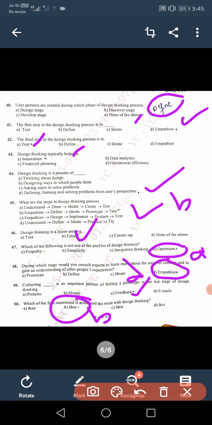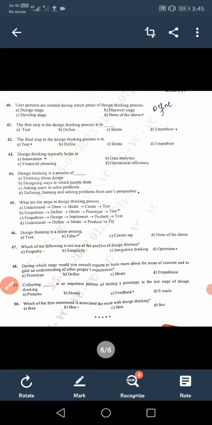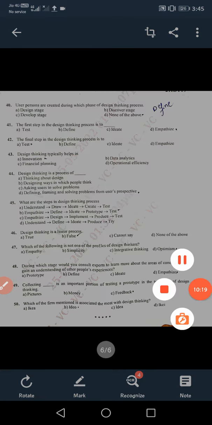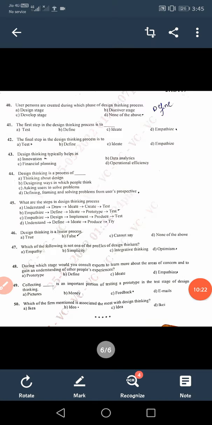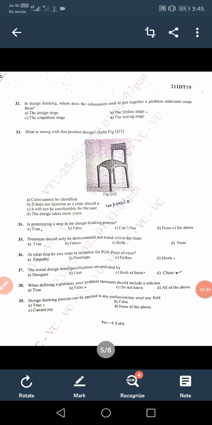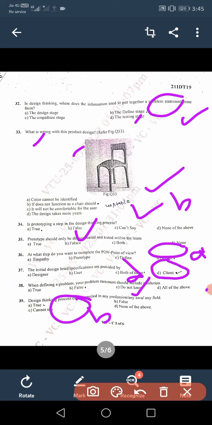Okay students, these are the multiple choice questions which appeared in the May 2022 exam of Innovation and Design Thinking, subject code 21IDT19. As I discussed in the previous model question papers 1, 2, 3, all the questions appeared as promised. I hope this is very easy.